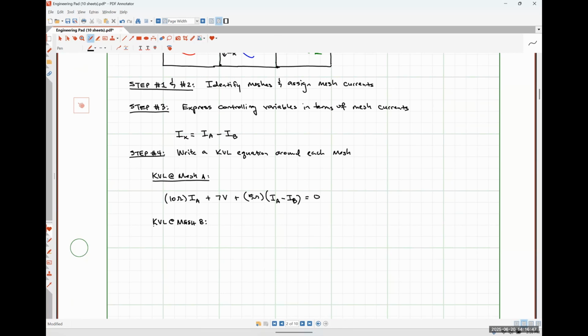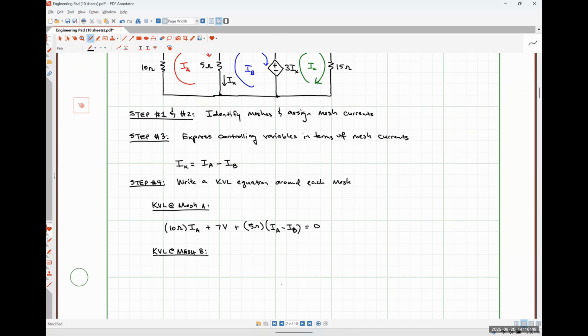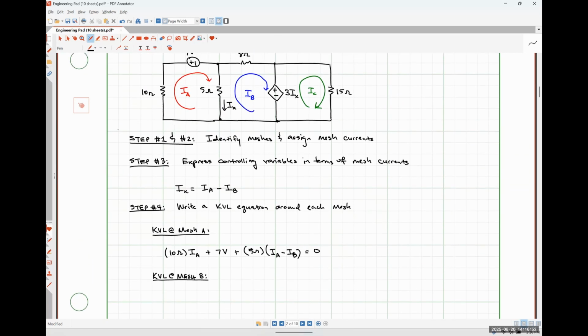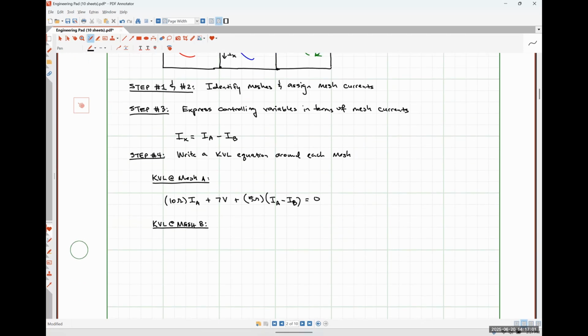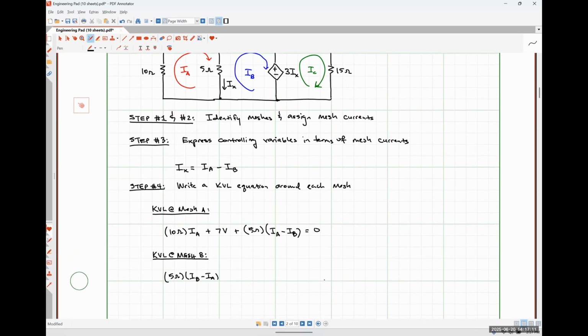So when we write our KVL equation for mesh B, we're now following mesh current IB around. So anything that's flowing in the opposite direction of IB is going to wind up getting a negative sign. So the first thing we see is our 5 ohm resistor. And now that we're following IB around, we'll have 5 ohms times IB minus IA. Again, we're always assuming the current we're following is flowing into the positive polarity terminal for any resistor voltage drops we're dealing with.